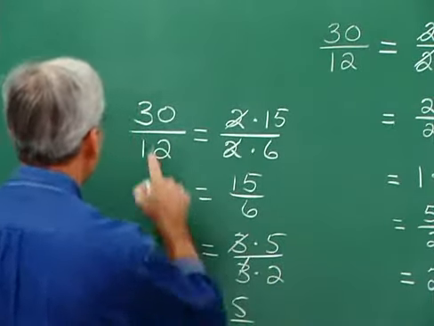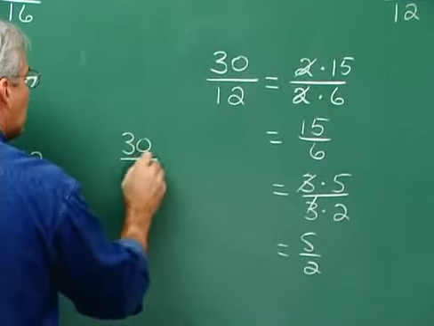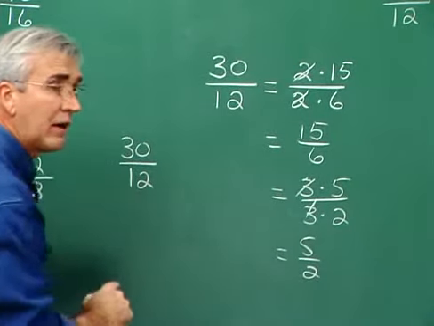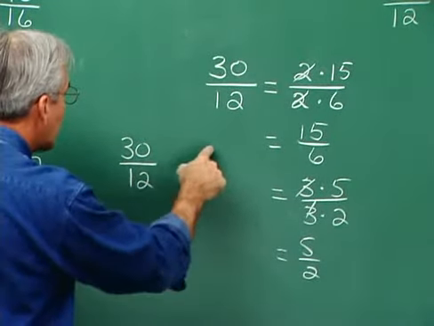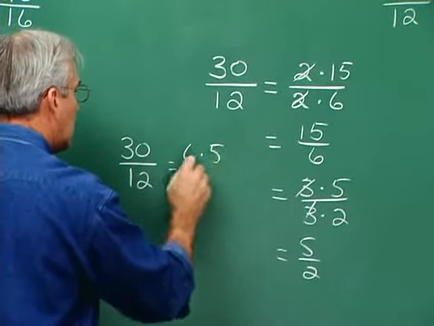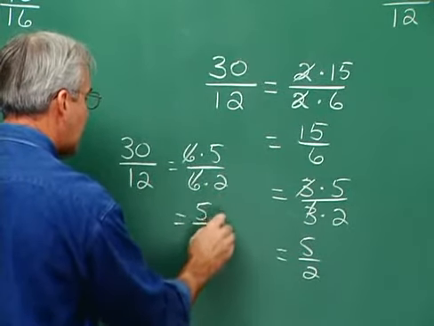Somebody else might say, well, wait a second, I can see that in 30 over 12, 6 is a number that goes into both the numerator and denominator. I could write this as 6 times 5 and this as 6 times 2, and I can eliminate those 6's and get 5 halves a little quicker.